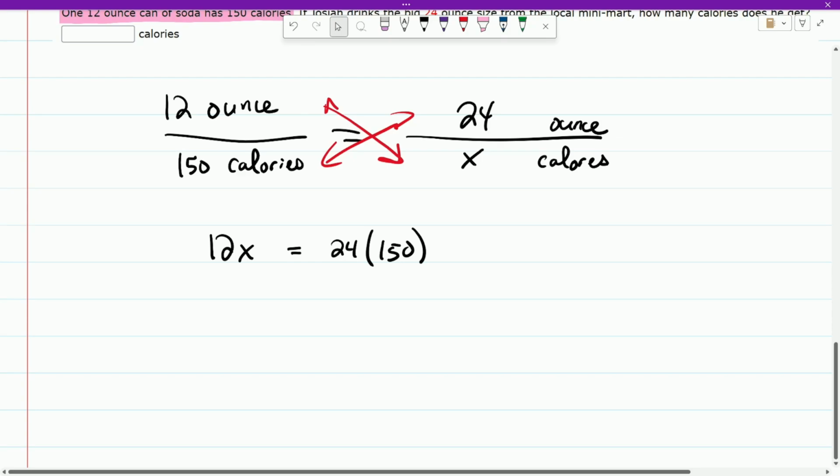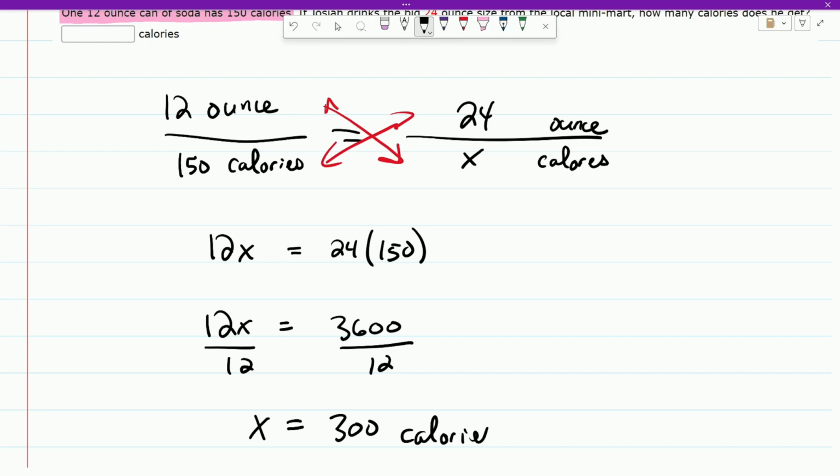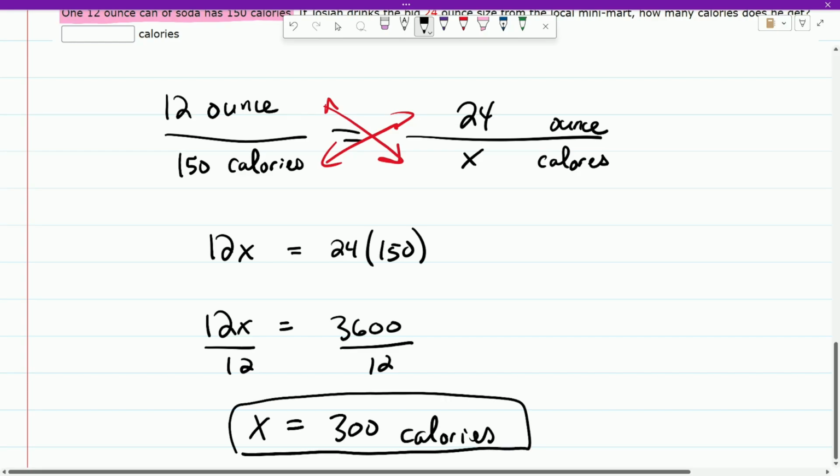To keep our math simple, let's go ahead and multiply. 24 times 150 yields us 3,600. And finally, divide both sides by 12 to give me X equals 300 calories. That is one high caloric drink. Good luck burning those calories, Josiah.